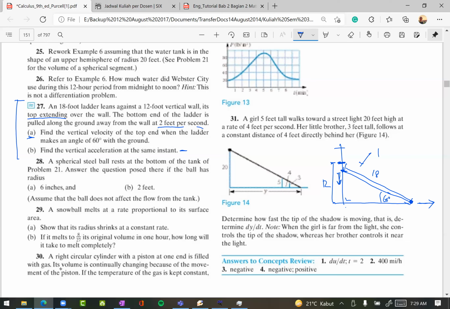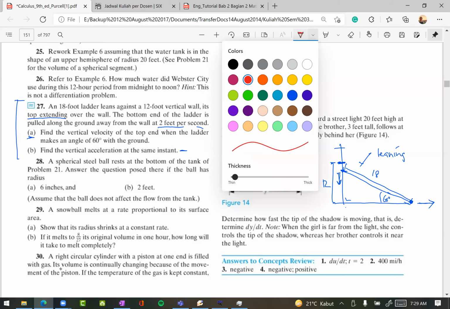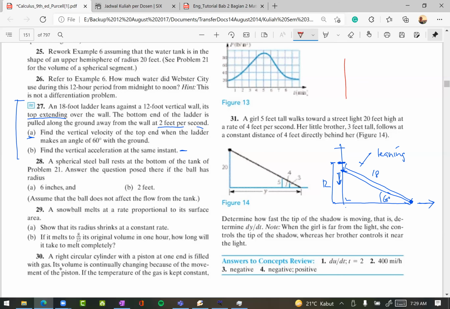This situation is leaning against the wall. Do you see what I mean? See the difference? Leaning in this one is top extending over the wall. So extending over the wall means that the picture should be like this.